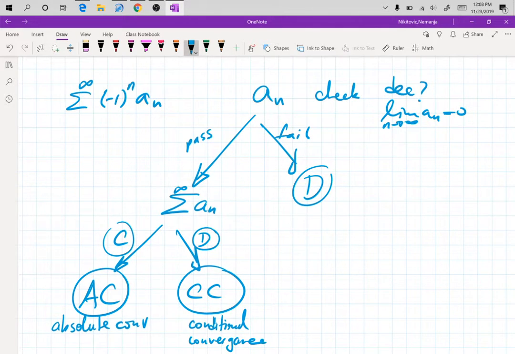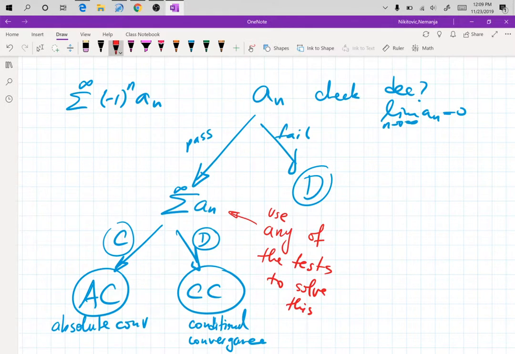Cool. So it's the integral test, or any of the 9 tests goes here. Use any of the tests to solve this.